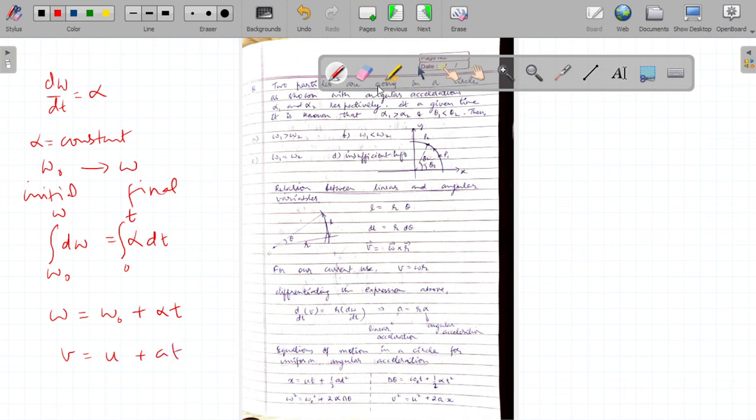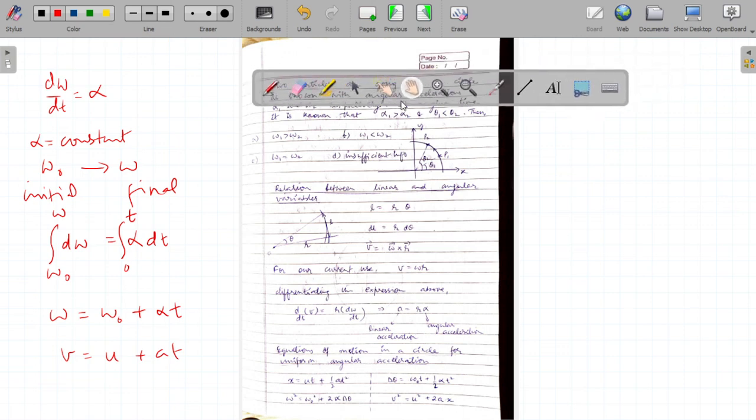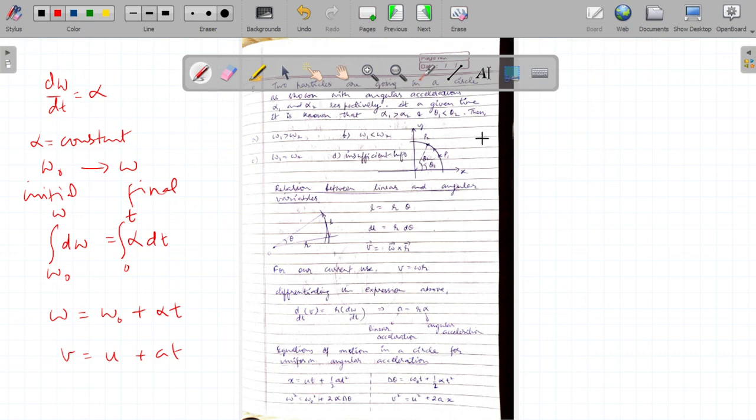In the same way, we can write more analogous equations, and they can be derived just like we derived this one.